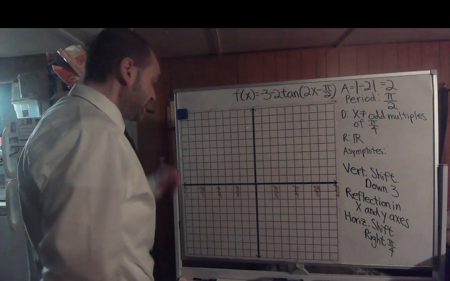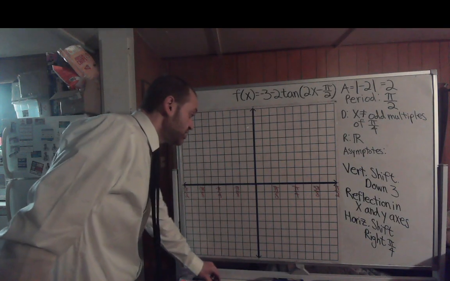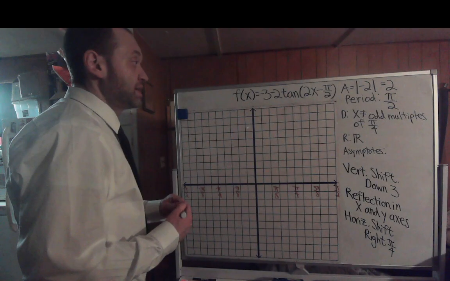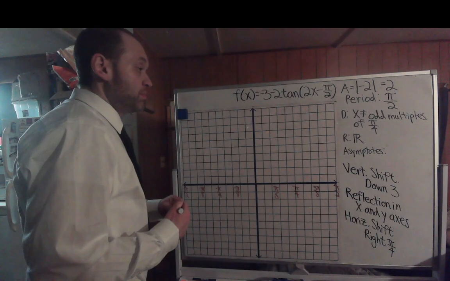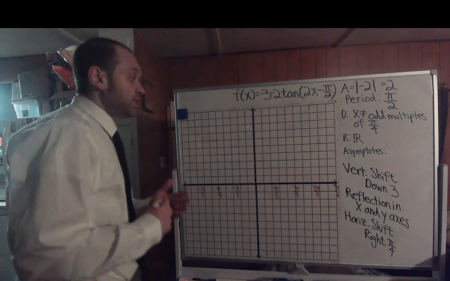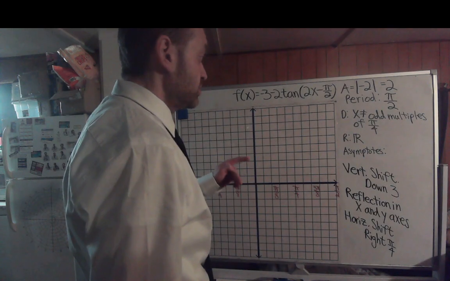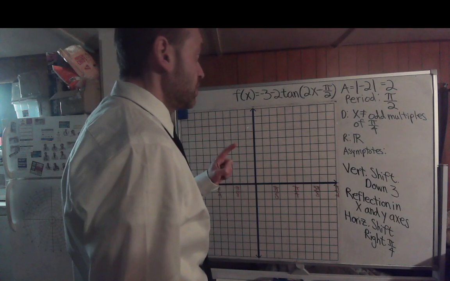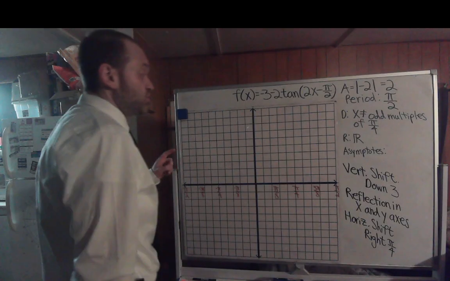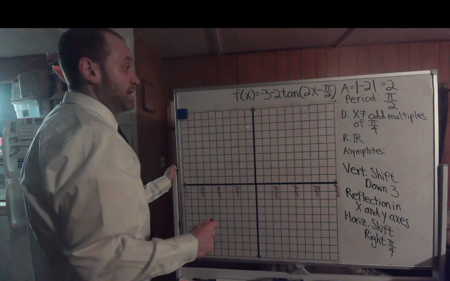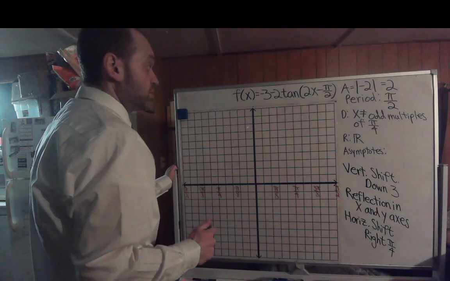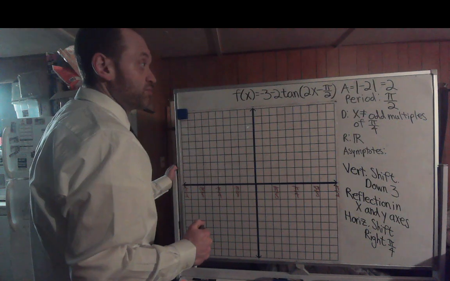So in reality, that would actually end up giving us odd multiples of pi over 4, and then shift it to the right pi over 4, you'll end up getting odd multiples of pi over 2.